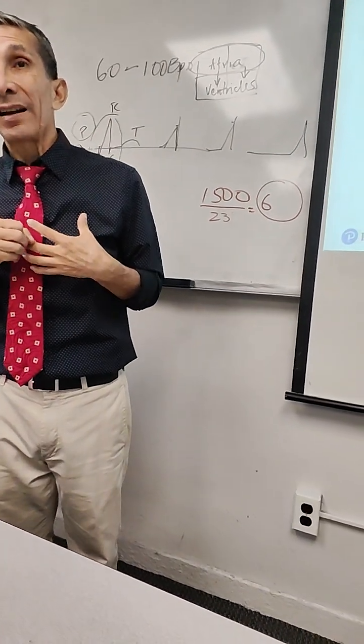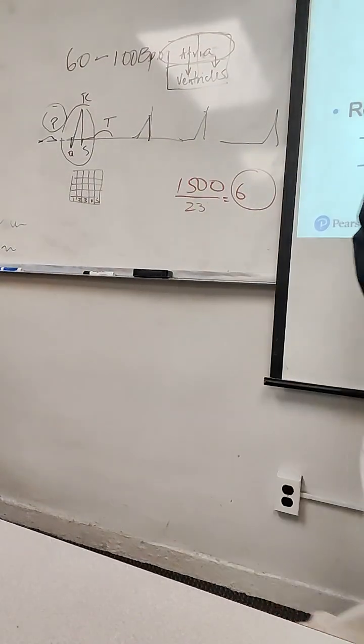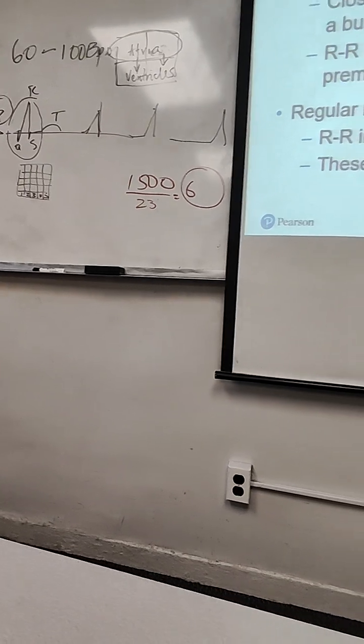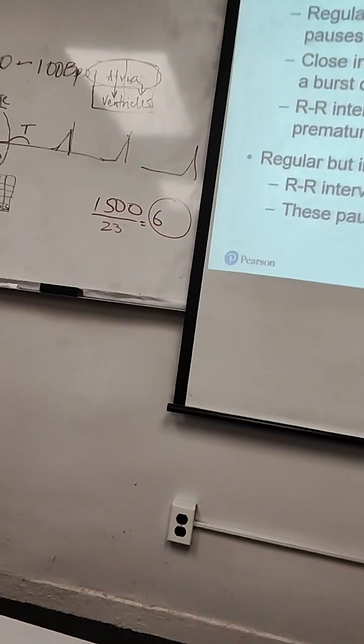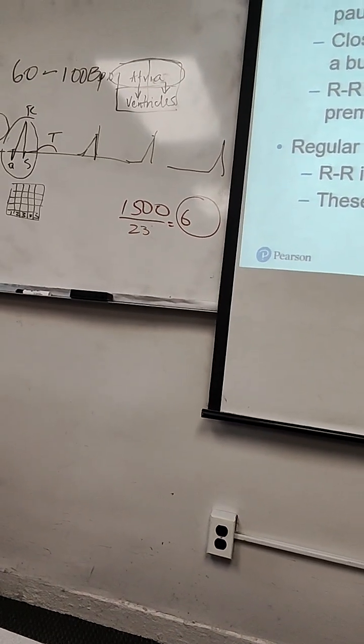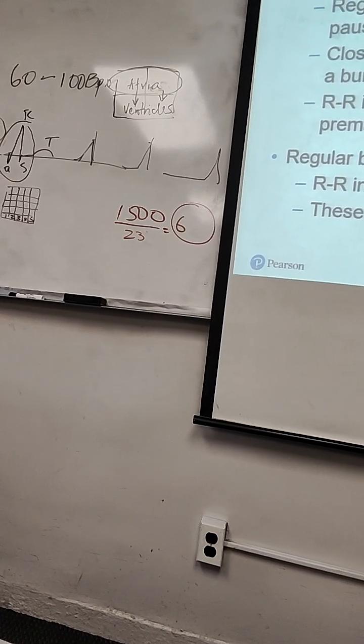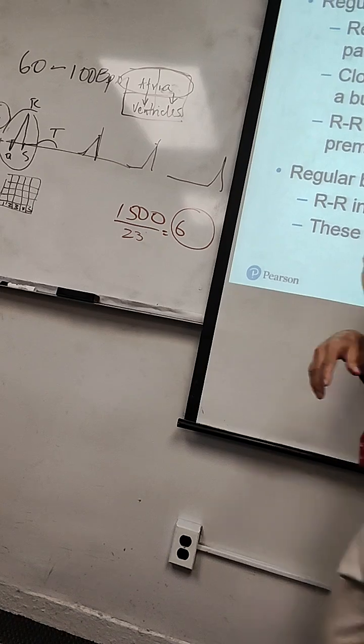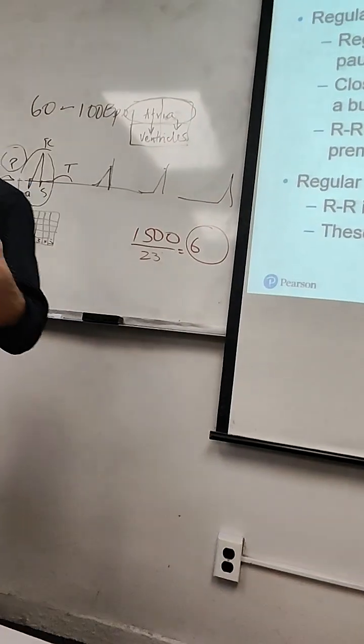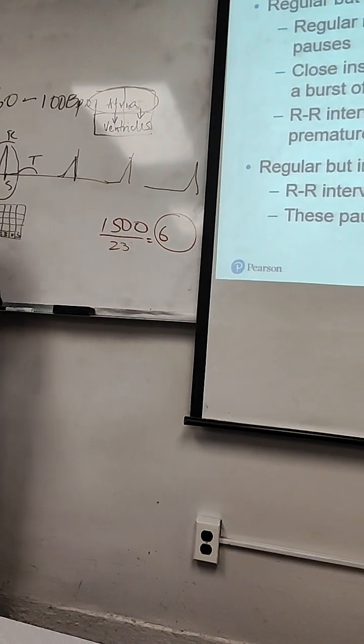If I'm walking right here, my heart is normal, and something happens, my heart is going to beat faster. Then one of the beats is going to be closer to the other one, because now I got scared and my heart is beating faster. That's basically what it is.